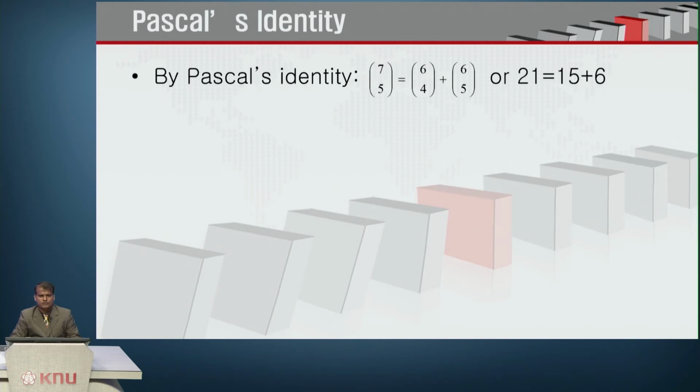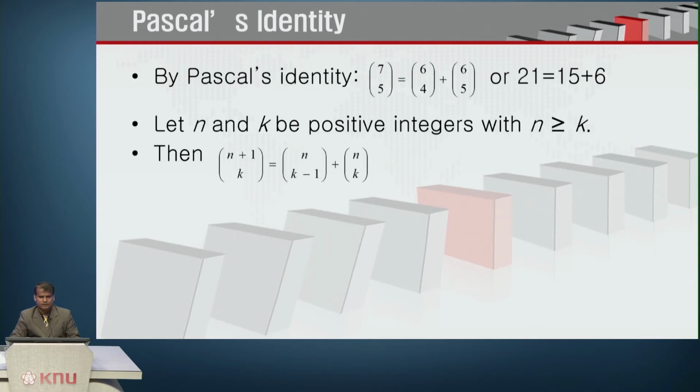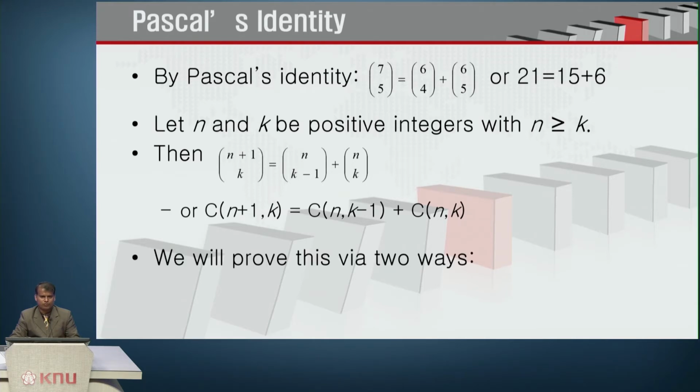Let's talk about this Pascal's identity, as we have just seen earlier. 7 choose 5 is 6 choose 4 plus 6 choose 5, that is 21 equals 15 plus 6. With these identities we can perform various operations.